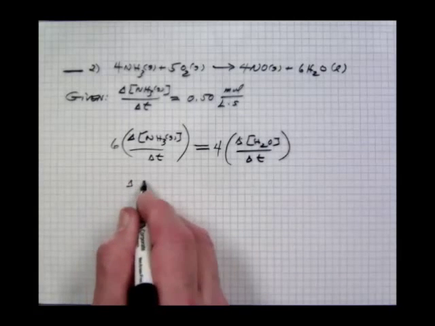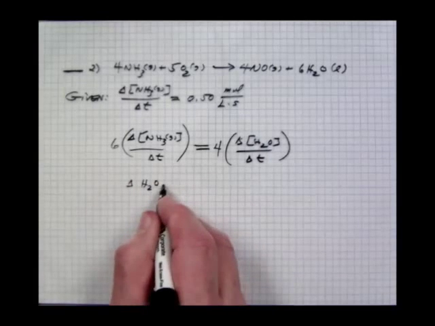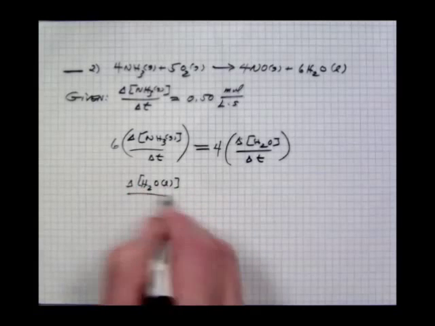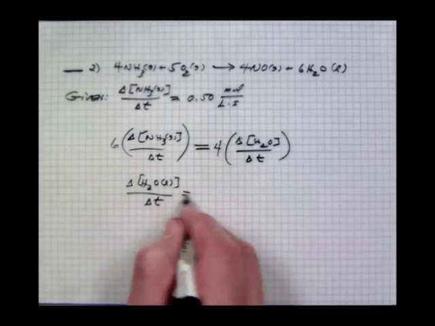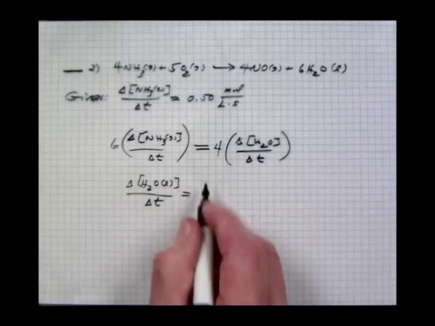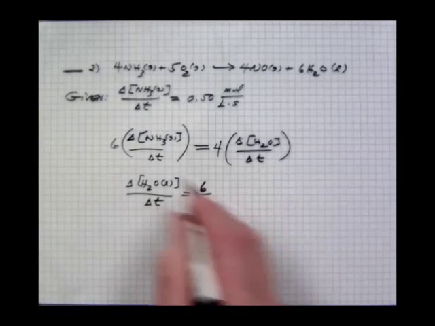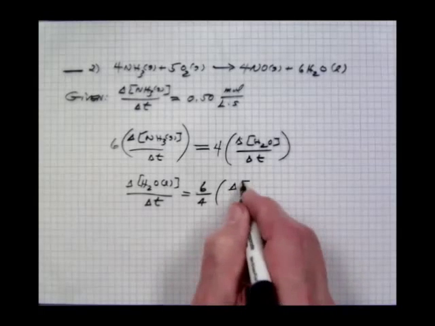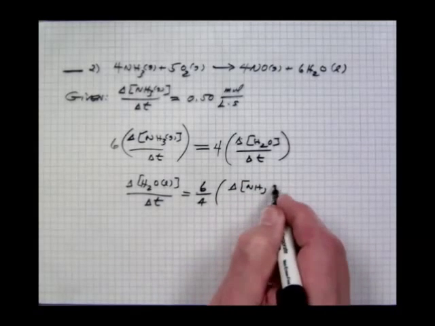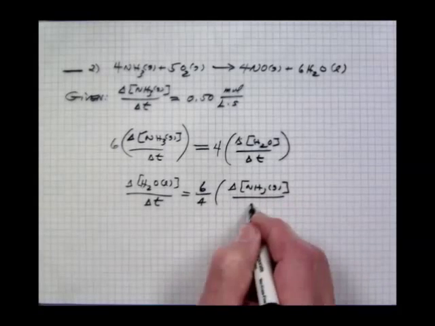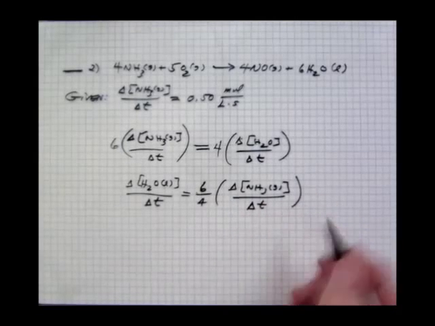So our change in H2O liquid per unit time, now if we solve for that, it's 6 divided by 4 times the change in ammonia over change in time, like that.